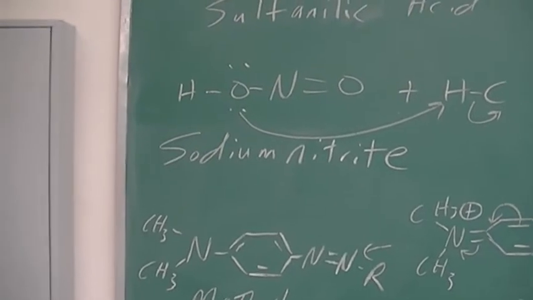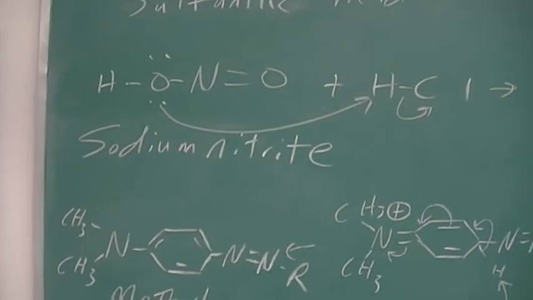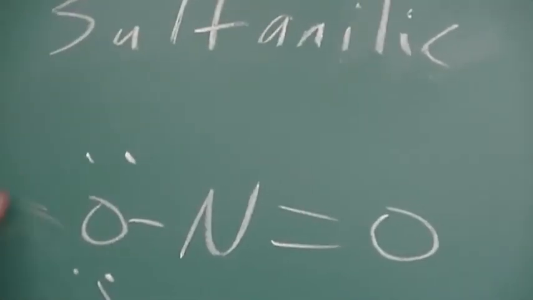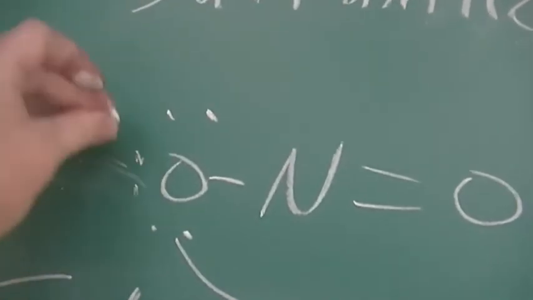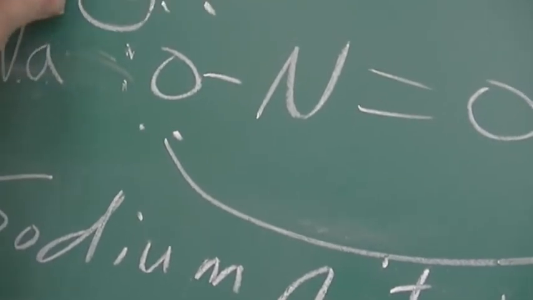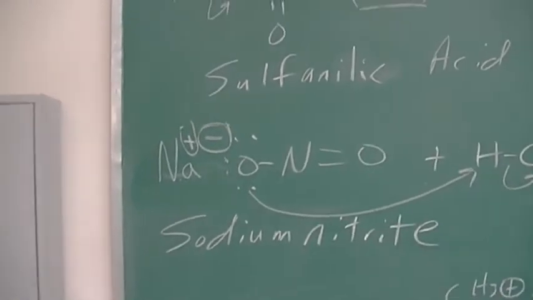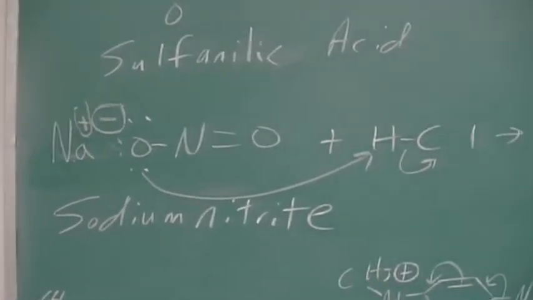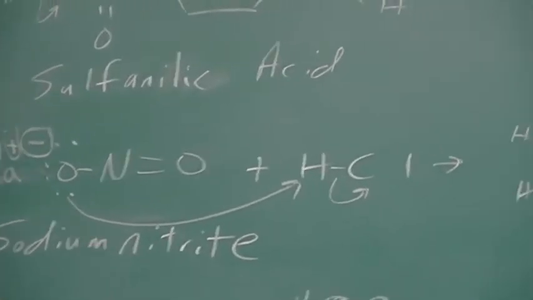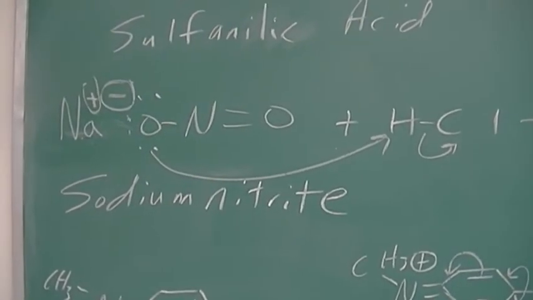In another beaker, I'm going to take my sodium nitrite. So that is a sodium nitrite. All right, so that is a soluble compound. We are going to add hydrochloric acid to our sodium nitrite in another beaker, and this is going to do an acid-base reaction.